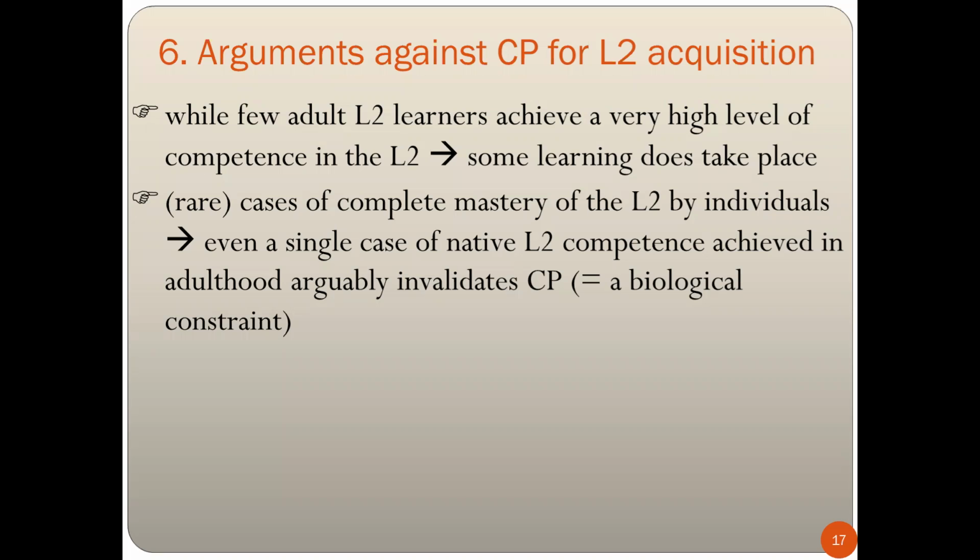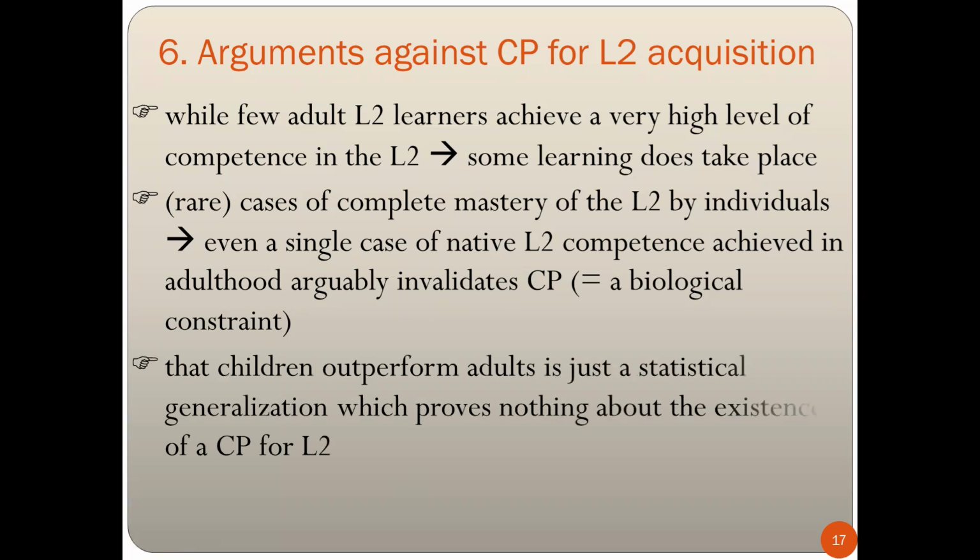So they manage presumably to achieve native competence in the second language. And again, the very existence of such cases, regardless of the fact that they're very rare, presumably invalidates critical period when it is defined as a biological constraint. And again, this is a serious argument that needs to be taken into consideration.